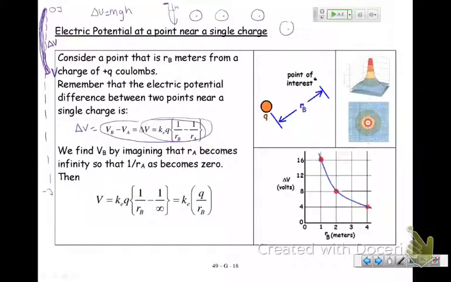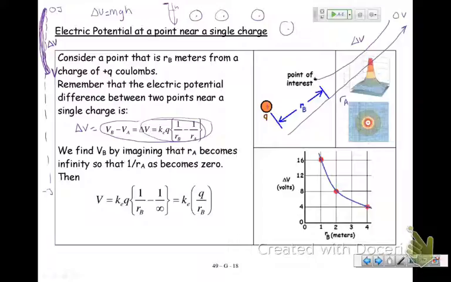Yeah. So here's my point, here's my charge, and I'm going to compare this with infinitely far away. There's 0 volts here. I'm going to have some volts there. So I'm going to find my delta V between those two. Now, the way I do this is I go my RB and my RA, and my RA is this guy here. So I say, well, hold on.